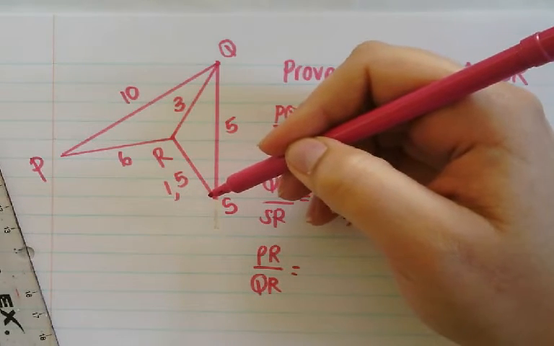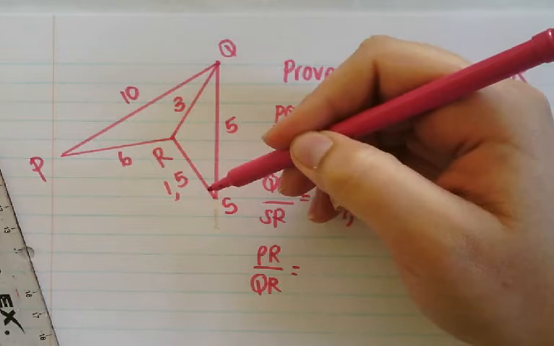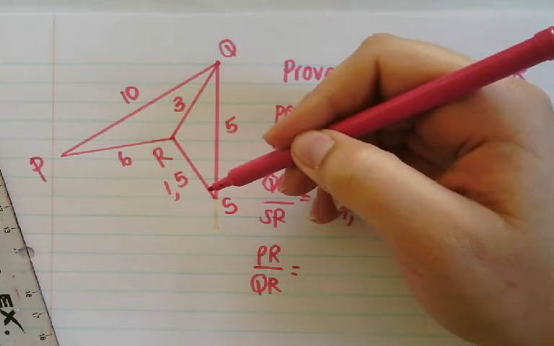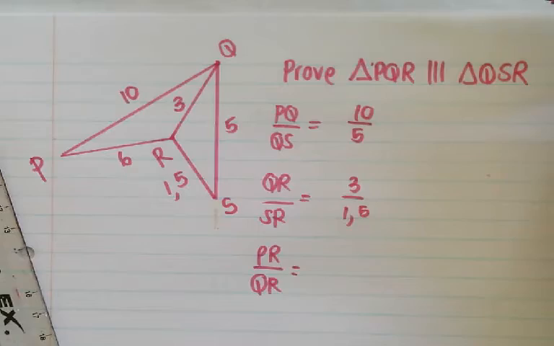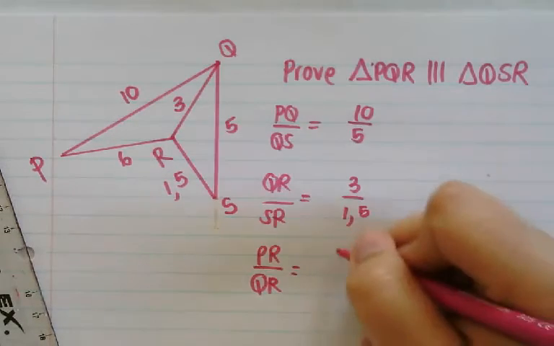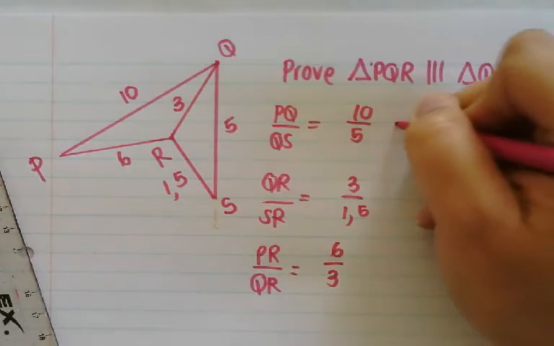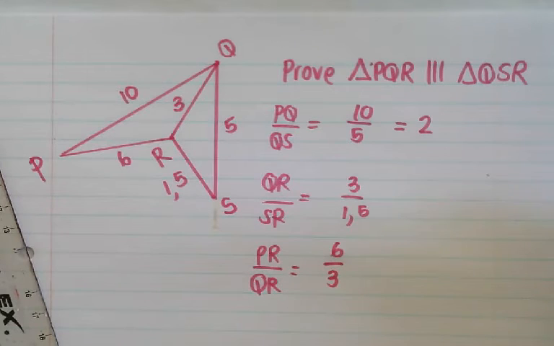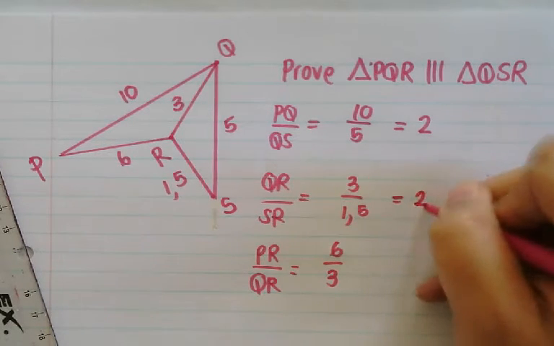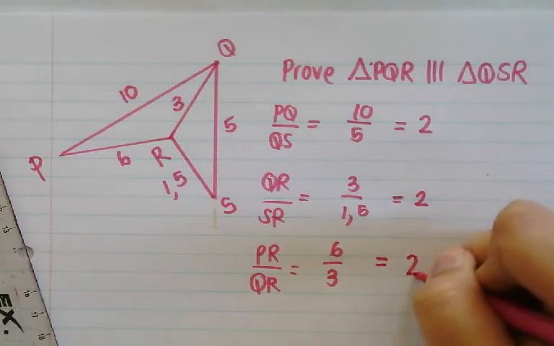Just because they share the side does not make it a corresponding side. And lastly, PR is 6 and QR is 3. Let's simplify. 10 divided by 5 is 2. 3 divided by 1,5 is 2. And 6 divided by 3 is 2.